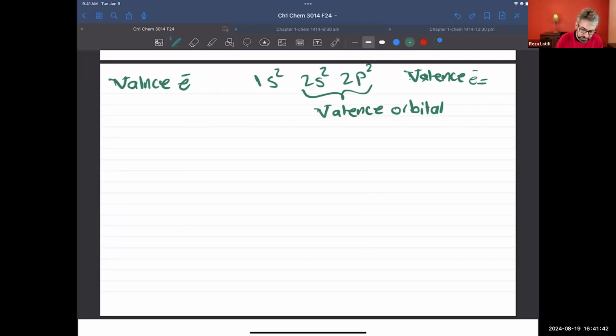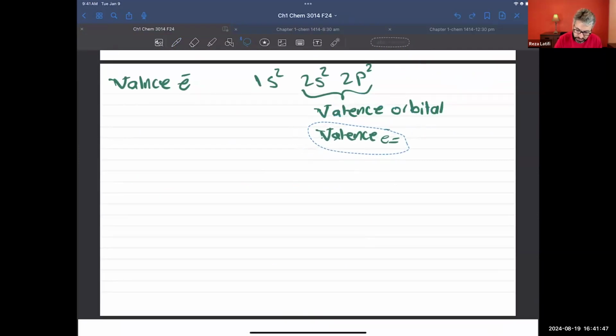So I'm going to say 2, forgive me. Okay, I go 2. Where did I get this 2 from? Here. Plus another 2. Where did I get the second 2? That's the second 2. Okay, I have 4 valence electrons.